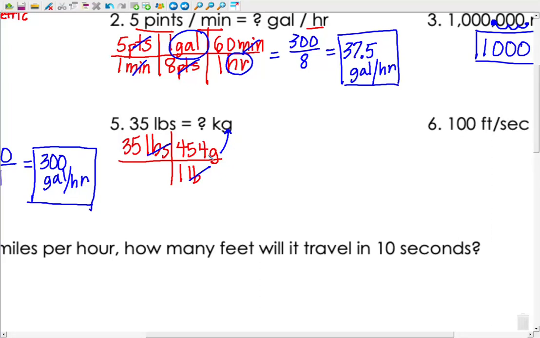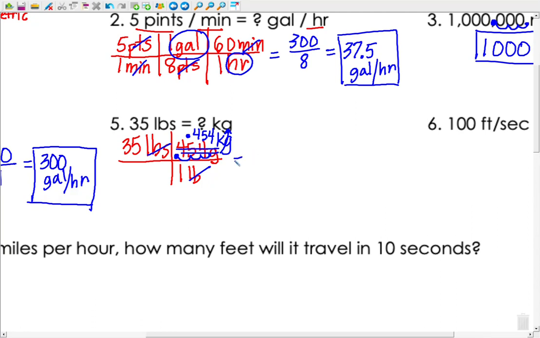So I can simply take the decimal here and move it over 1, 2, 3 places to the left. This now gives me the number 0.454 kilograms. I no longer need this anymore.